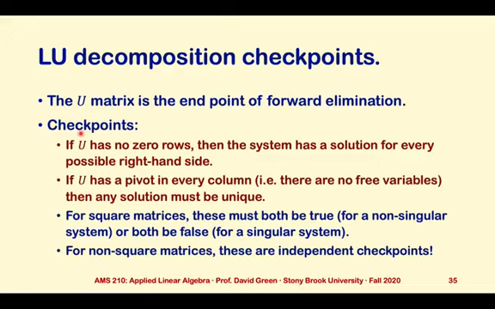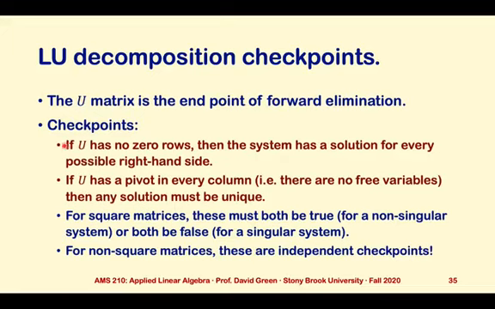So we can apply these checkpoints simply using the U matrix as the endpoint of forward elimination. Remember here that U is the coefficient matrix in echelon form, not an augmented matrix.